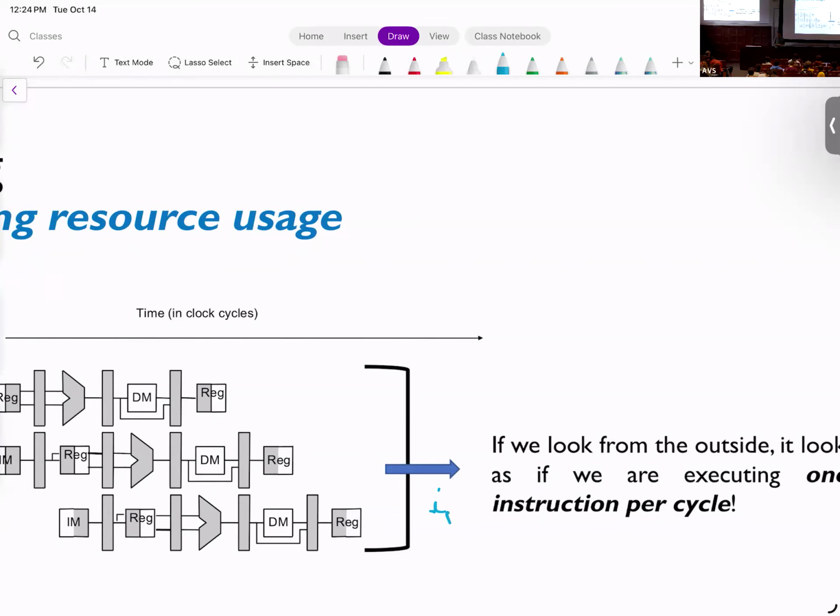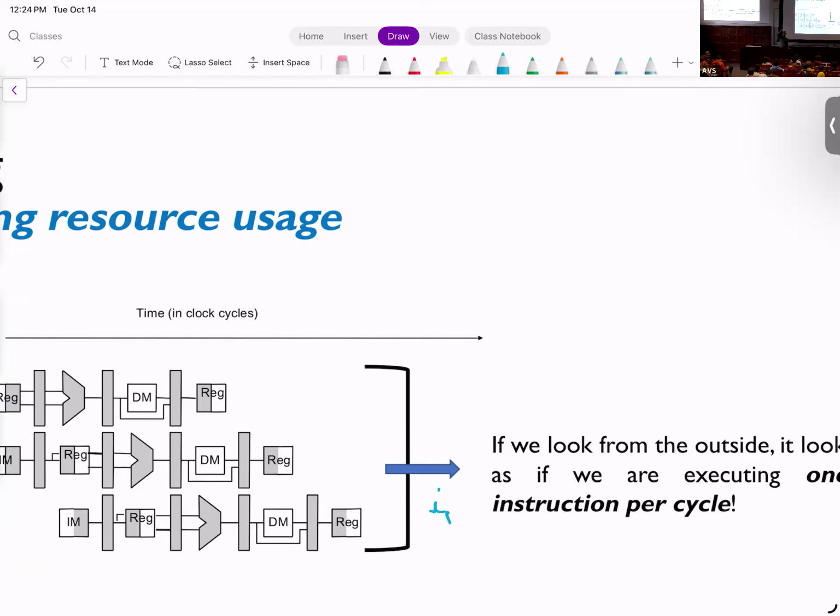In other words, by increasing the throughput, I manage to finish one instruction per cycle. As long as I have large enough programs that I can feed instructions, the time it takes to finish instructions is equivalent to the number of cycles.